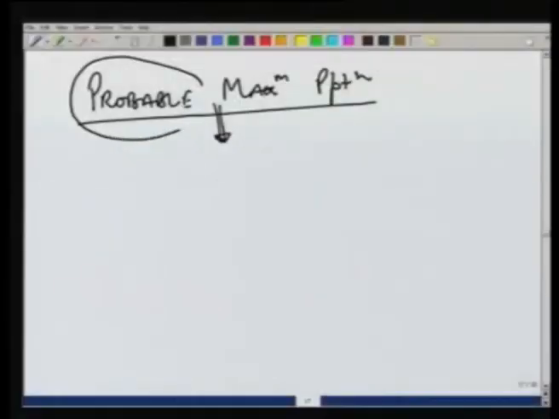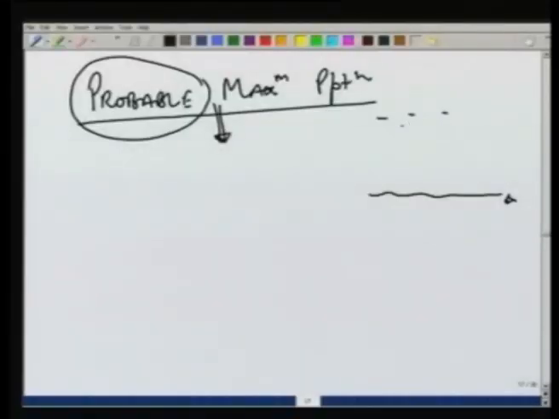So, for a probable maximum precipitation, generally we can obtain this based on climatic factors. If we have the ground level here, the air above this can contain only a maximum limit of water vapor.